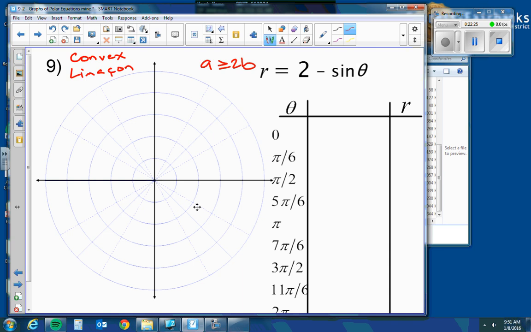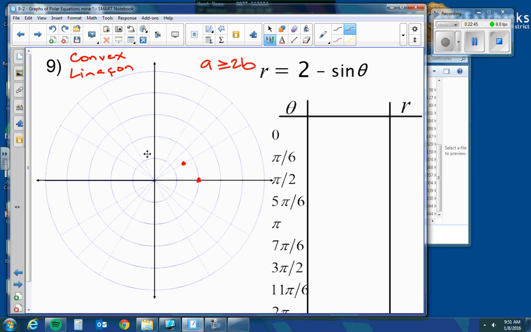All right, we're going to try to do this one without the table, okay? So, it's sine again, so sine of 0 is 0, so 2 minus 0 is 2, so we'll plot that point. And mentally, you want to choose pi over 6 because of sine. Sine is a half, 2 minus a half is 1.5, plot that point.